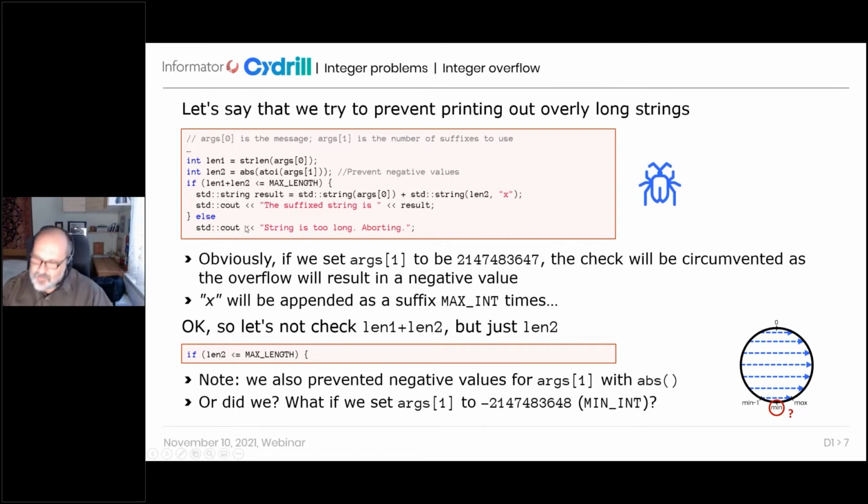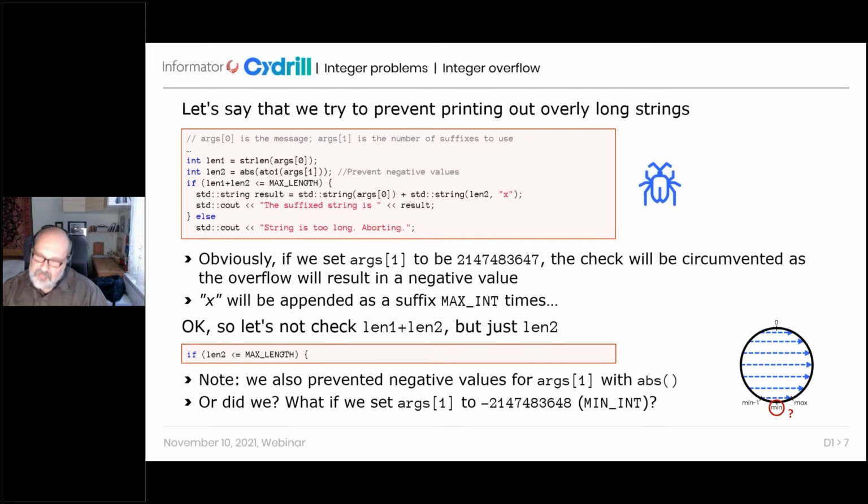The story is much more complicated than this, but let's say that max length is an integer. We add len1 plus len2, it will wrap around, it will be a negative number. So we will print out a string containing a huge amount of x's, 2 billion and something. And this is exactly what we wanted to prevent, right?